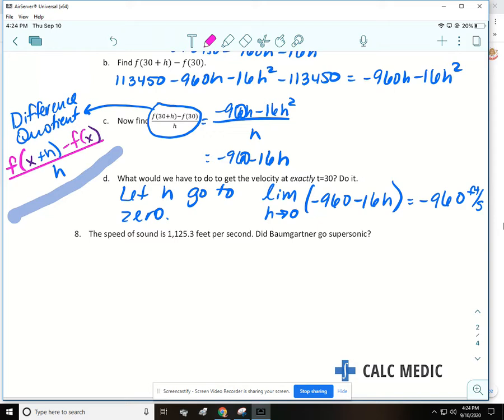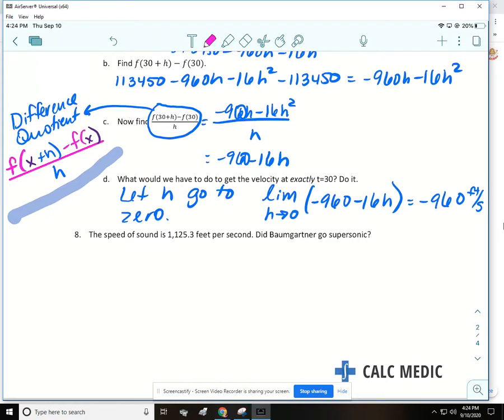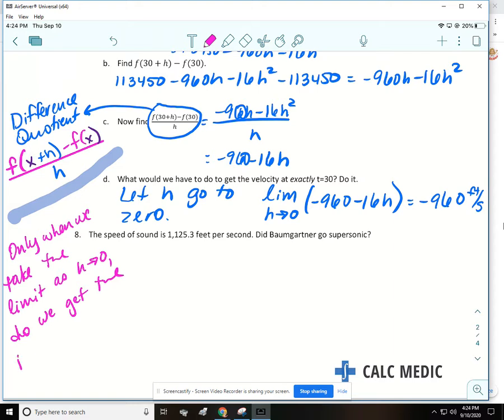Alright, so we just need to make a note that only when we take the limit as h approaches 0 do we get the instantaneous rate of change.